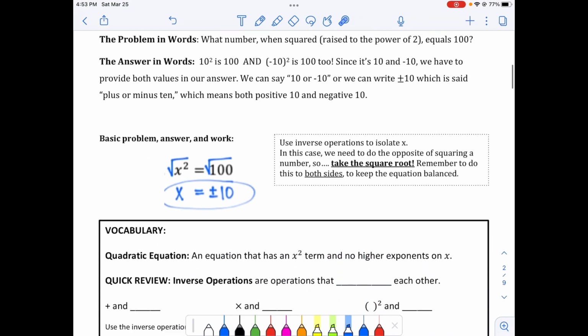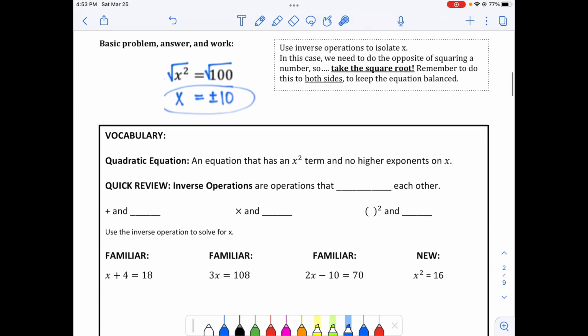So before we get into some examples, let's remind ourselves about inverse operations. So we use inverse operations to solve these equations just like normal, but instead of isolating x, we're going to isolate x squared, and then we'll have an extra step here where we have to take the square root of both sides.